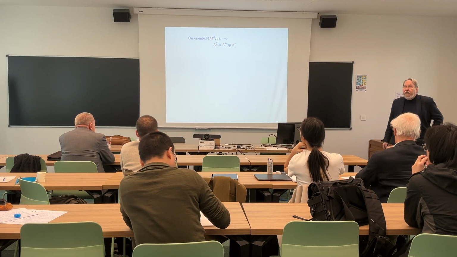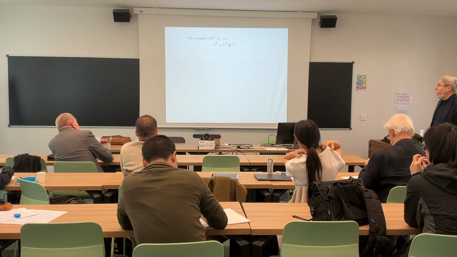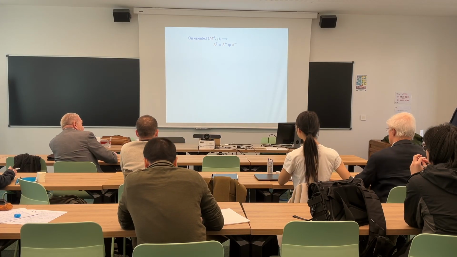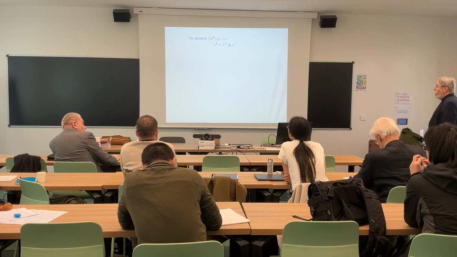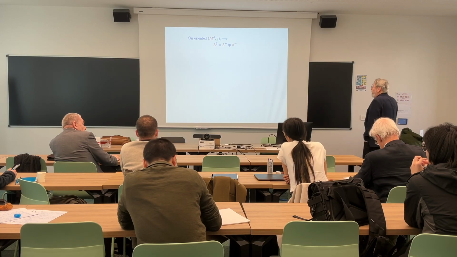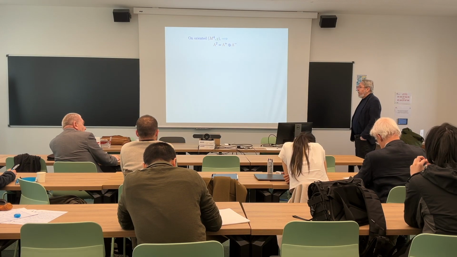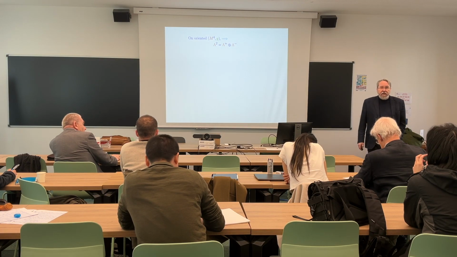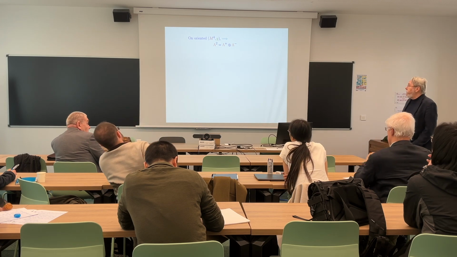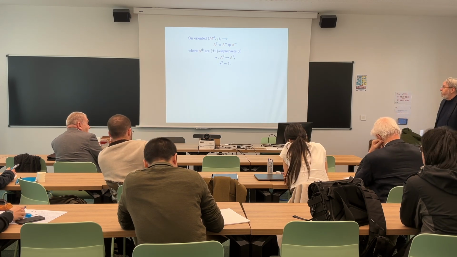Well, last time I introduced you to the fact that one of the fundamental peculiarities of an oriented four-manifold equipped with a Riemannian metric is that the two-forms naturally split. The bundle of two-forms splits into two rank 3 bundles.